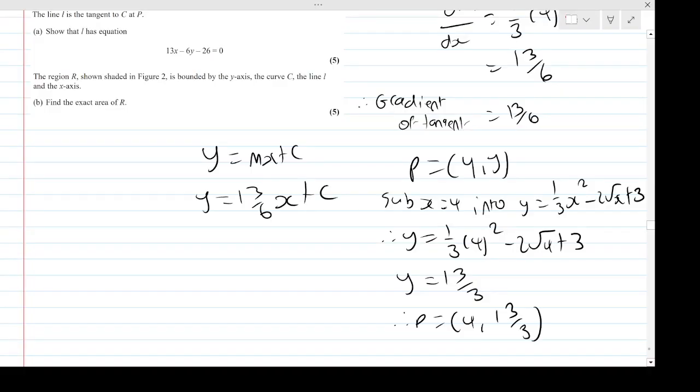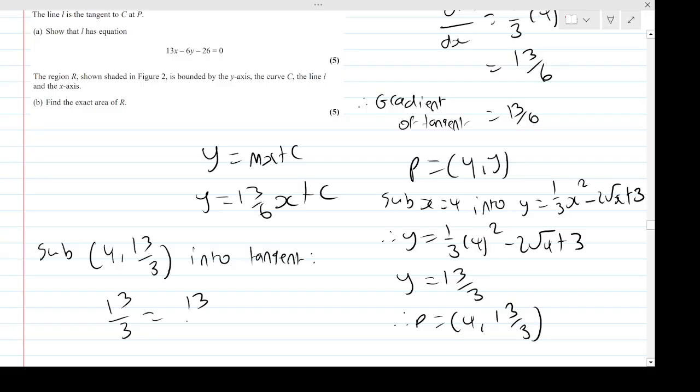So now we can sub that point into the tangent to get C. So sub P, I'm going to sub 4, 13/3 into the tangent. So therefore y is 13/3.